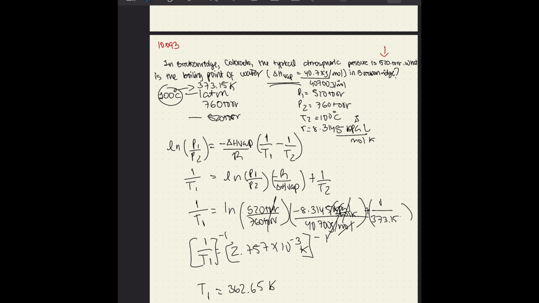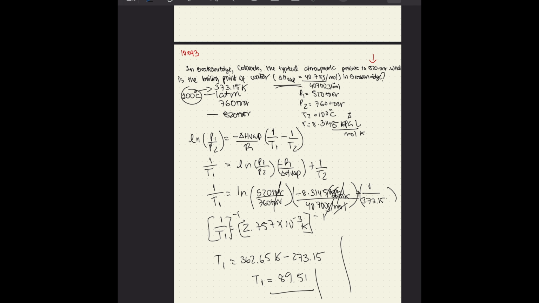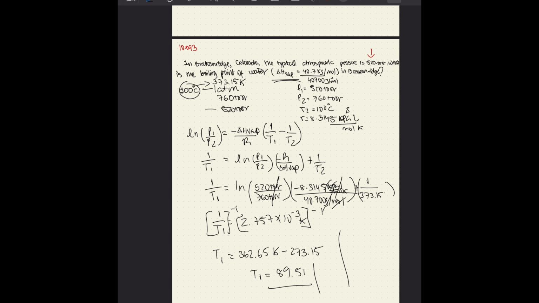But I think they want it in degrees Celsius, so if you want it in Celsius, you're gonna go 273.15 minus, sorry, 362.65 minus 273.15. You get 89.50 something. So this will be the answer. I think it's a pretty good problem, I guess.